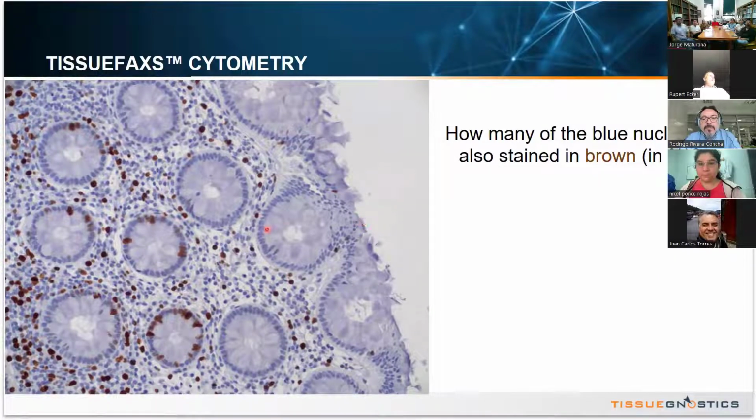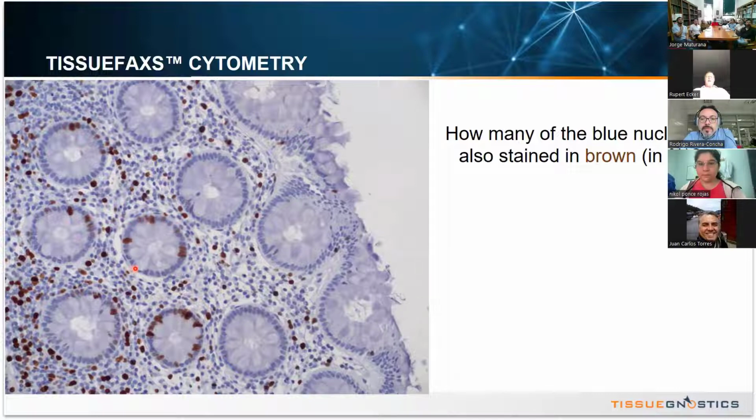We can see here a standard immunohistochemistry peroxidase staining with a well-known marker, Ki67, in brown. And the obvious question is how many cells are proliferating, or in other words, how many blue nuclei are stained in brown.